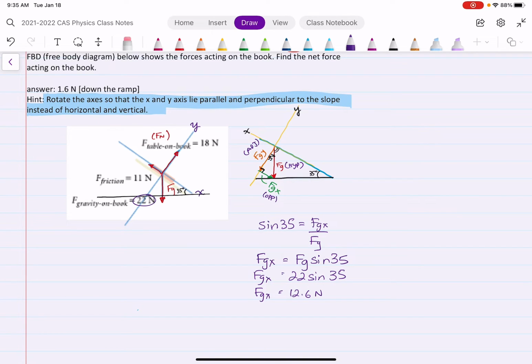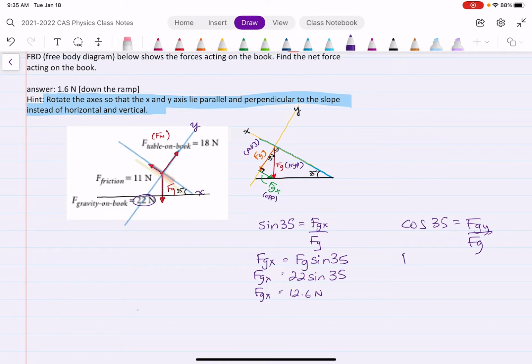FGY is, as you can see, the adjacent. So if that's the adjacent, then we can say cosine of 35 equals FGY over FG.